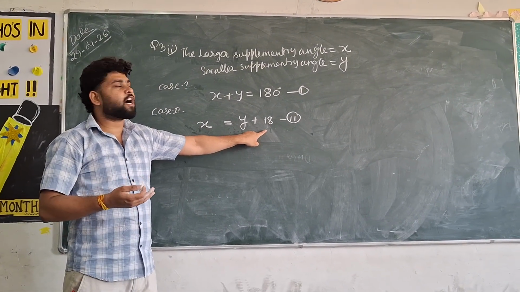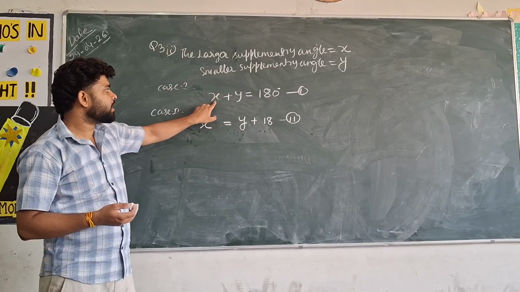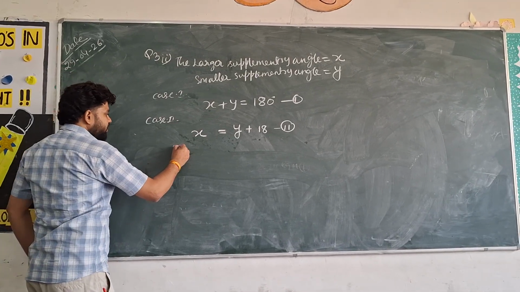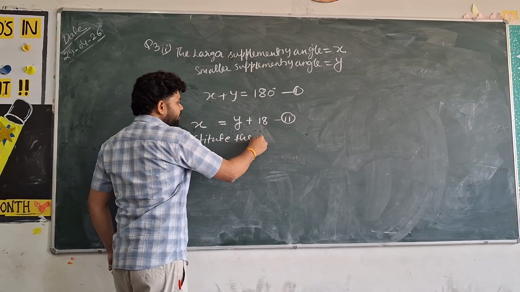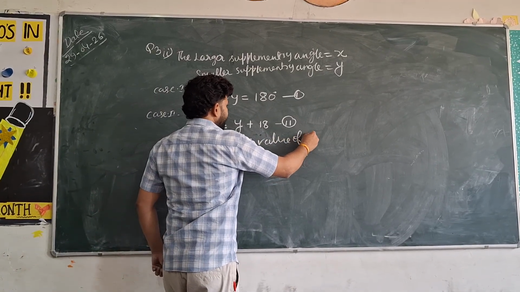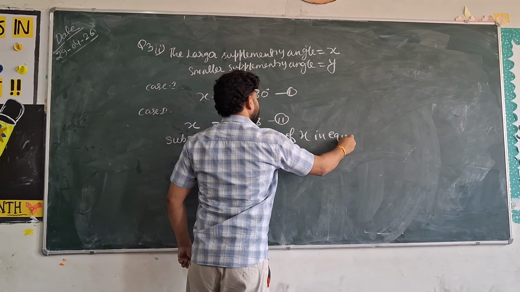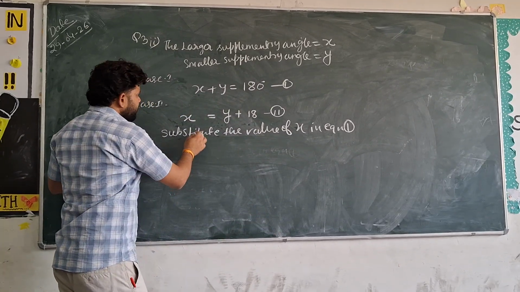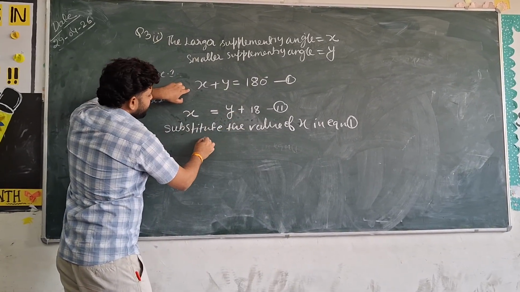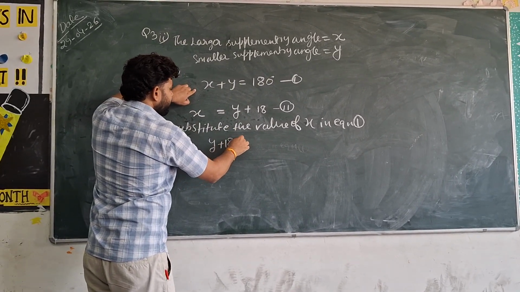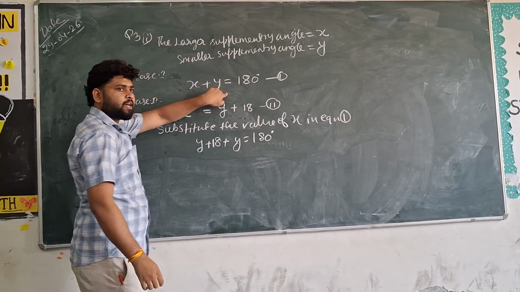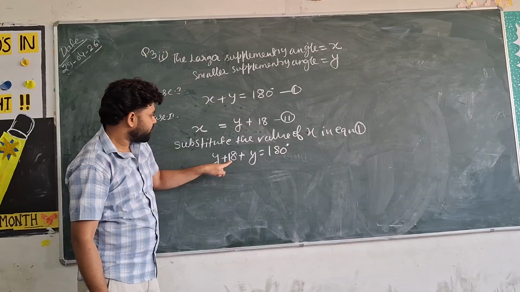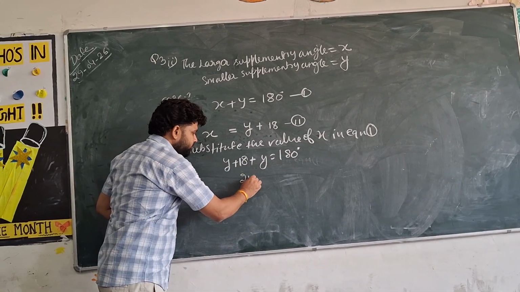We have the value of x, so we can substitute the value of x in equation number 1. At the place of x we write y plus 18, plus y equals 180. So y plus y becomes 2y.